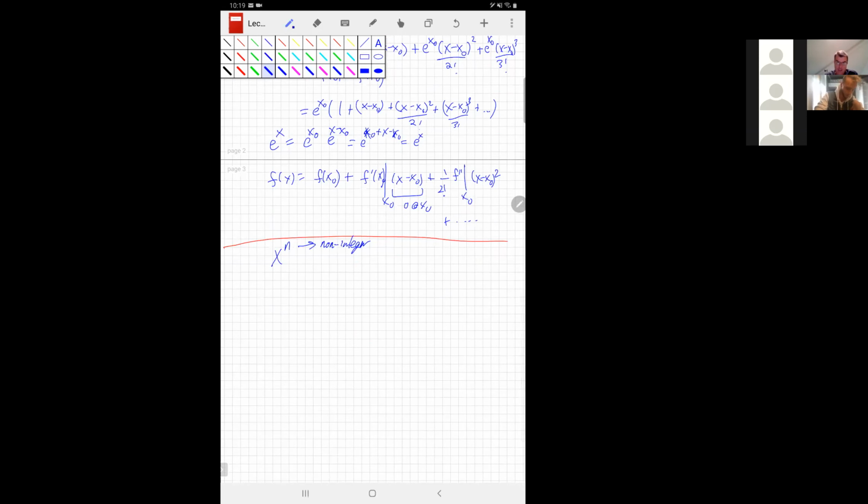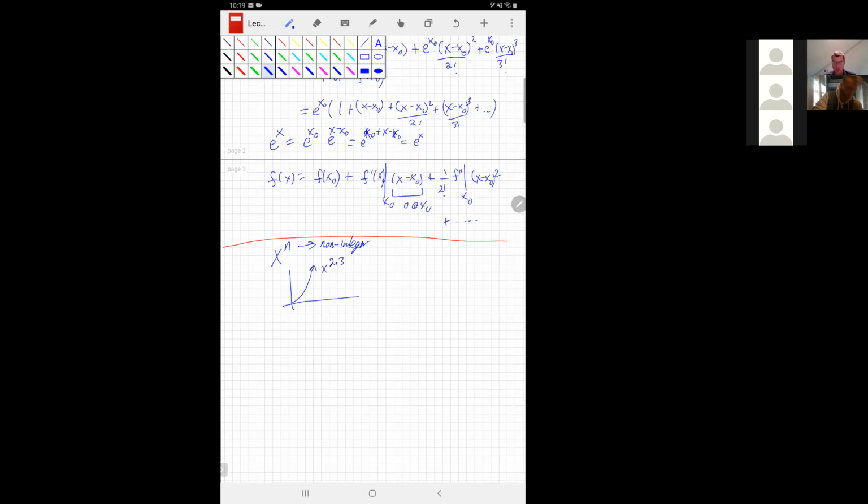What if n is non-integer? Let's say we want to get the Taylor series for x to the n. This may look like a parabola, but x to almost any power greater than 1 looks kind of like a parabola near the origin. But what if it's not a parabola? What if it's x to the 2.3, just to pick something arbitrary?